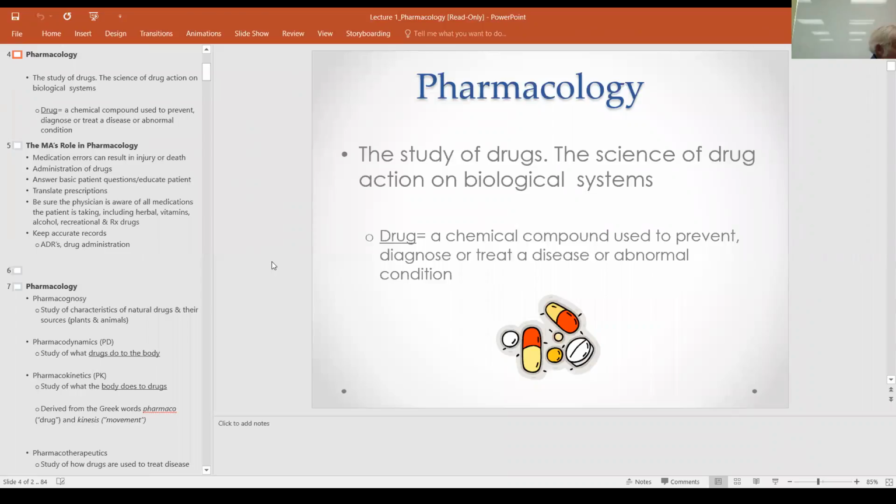So what is pharmacology? In ancient times, actually a lot more recently than ancient times, up until about the middle of the 19th century, essentially all drugs were derived from plants or animals or minerals.